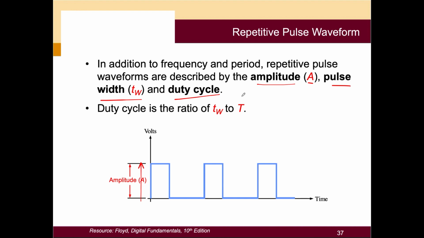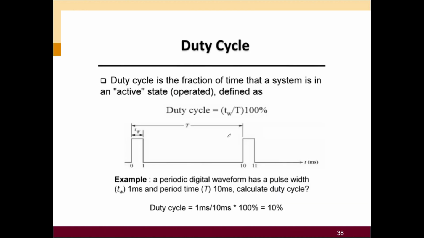The examples over here. This is the amplitude, as I also drew it. Over here is your pulse width, and this is the period, because you need to have one signal waveform.